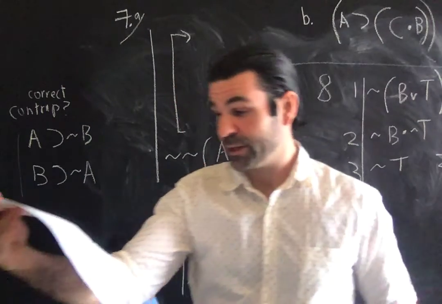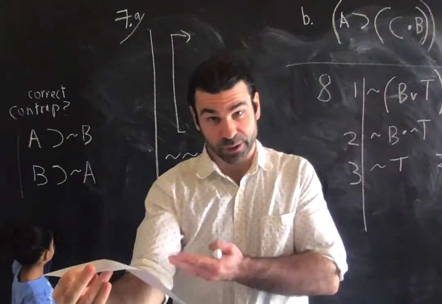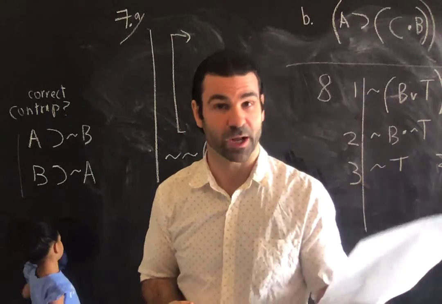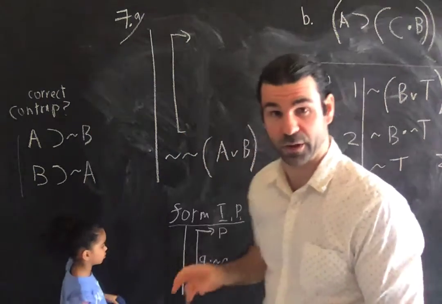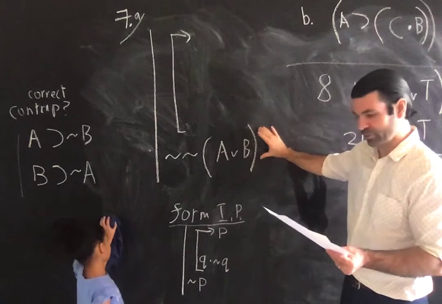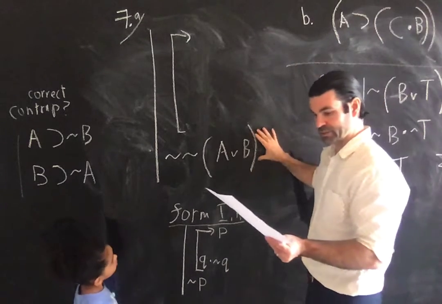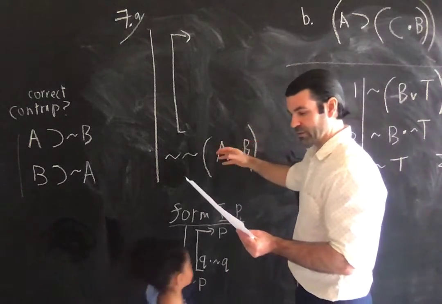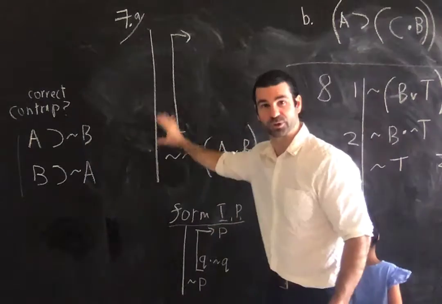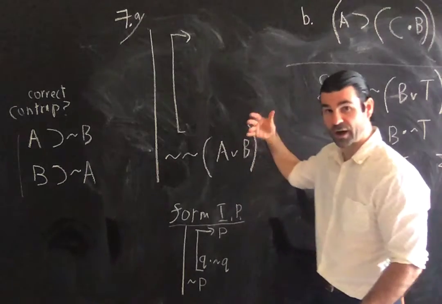If we gave IP, indirect proof, as the justification for concluding not brackets A or B, what must have been our assumption for IP? You have to think that the formula they've given you, if we gave IP as the justification for concluding this, is going to come at the end of an IP subproof.